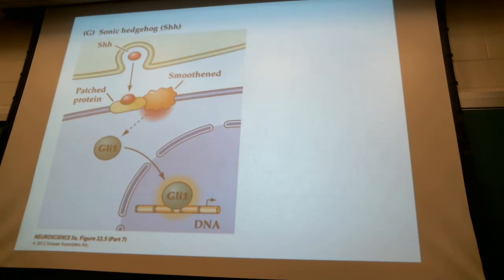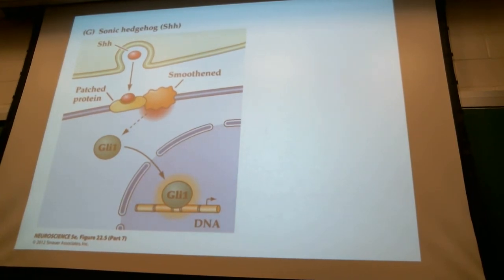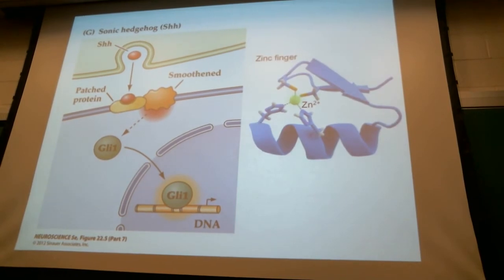V1 has a DNA binding motif, which looks like this. So 2 beta sheets on one side, and then there is an alpha helix, and there are residues which will chelate a zinc ion, just like this. So they name it zinc finger.